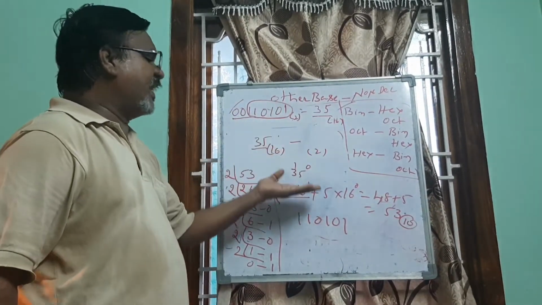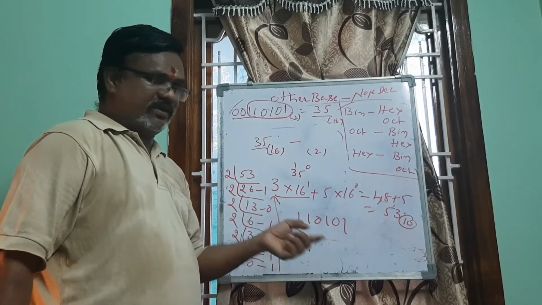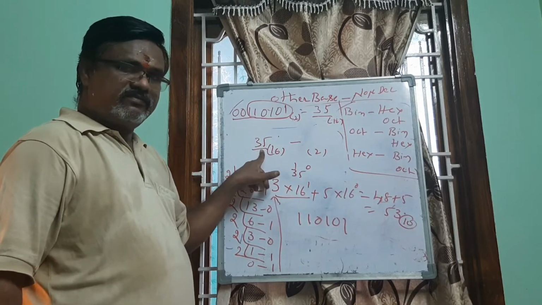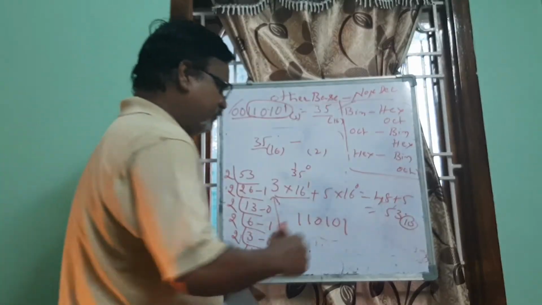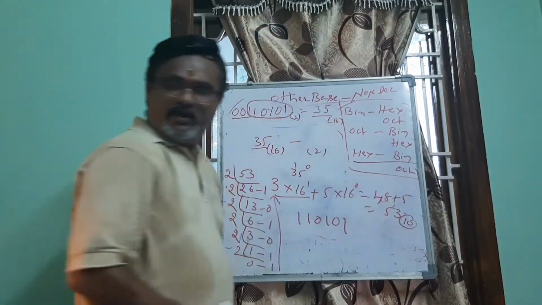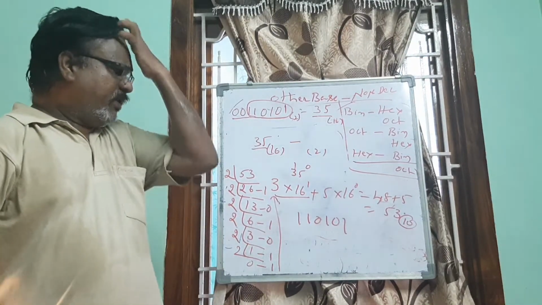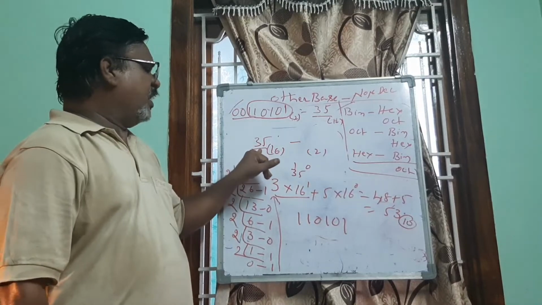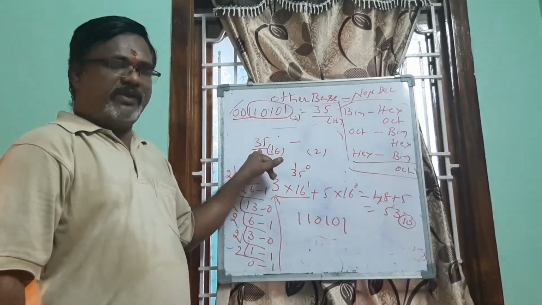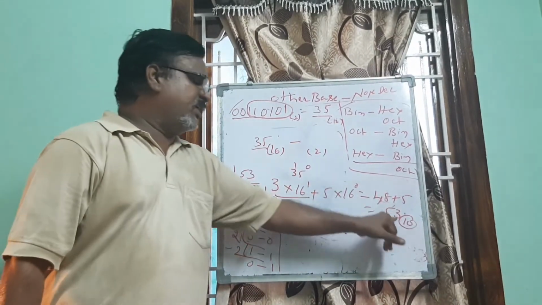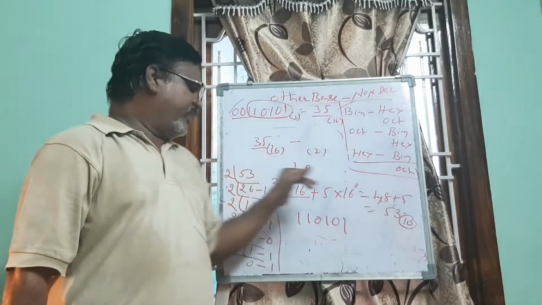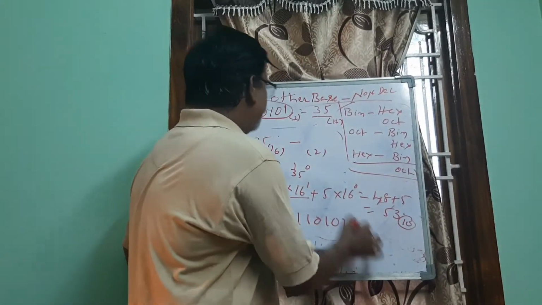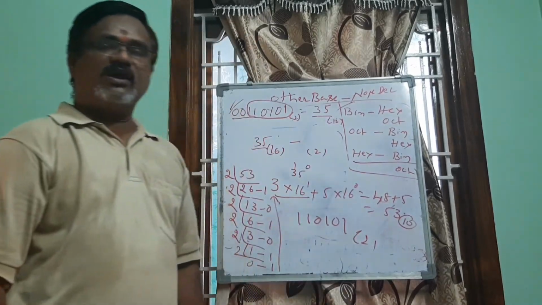If you go for the cross-checking method, do you remember what we did here? We converted a hexa number to binary. But how did we convert hexa number to binary? By the indirect method. The same hexa value is first converted into its decimal value, and then the decimal value is converted into binary. So your answer is correct.